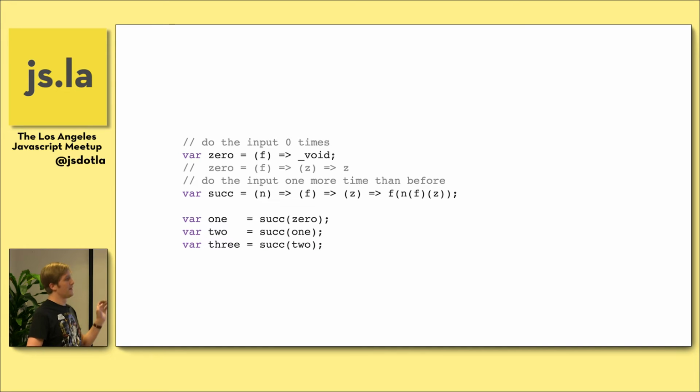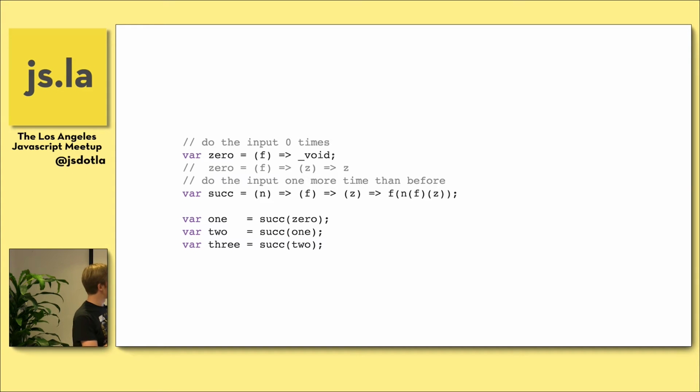But anyways, you keep iterating, and that's really what you use numbers for, is iteration. So we can define 0 as basically a function that takes a function and like a 0 value, and it just returns the 0 value. So it's like, don't do anything with that function, just return whatever was passed in.